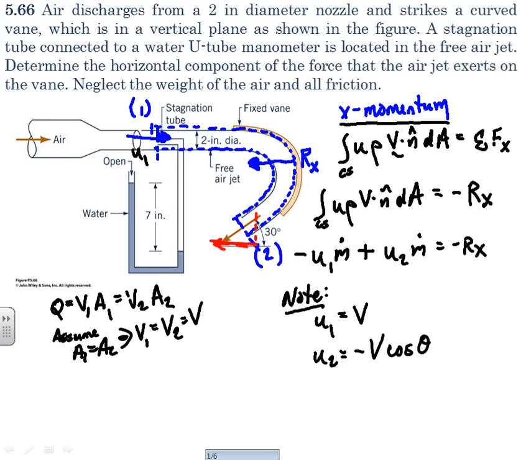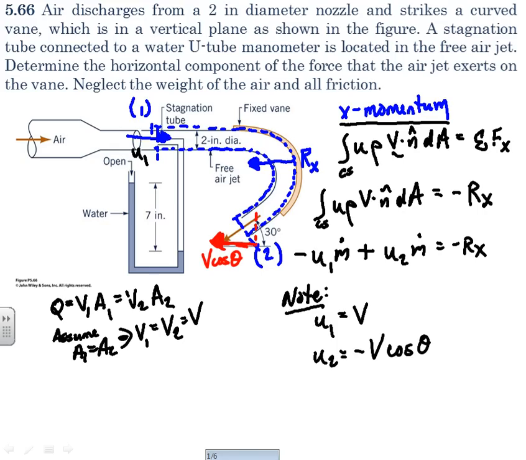So that is going to be V cosine of theta. It's pointing in the negative direction, and that's why I have my minus sign. So U2 is a negative V cosine of theta. All right. So what other information do I have? Well, I don't know what V is yet.